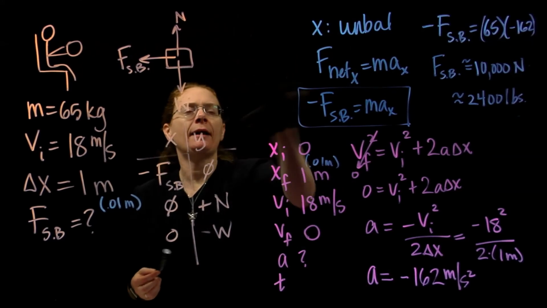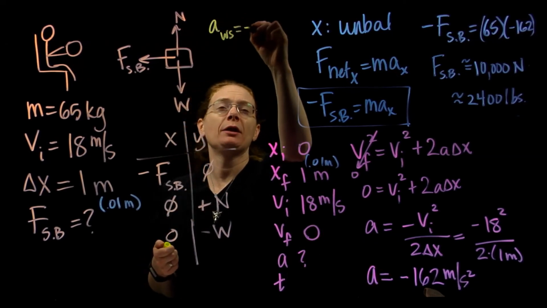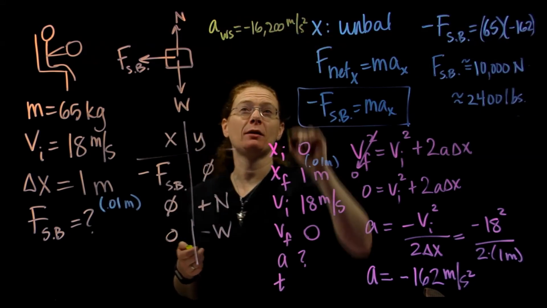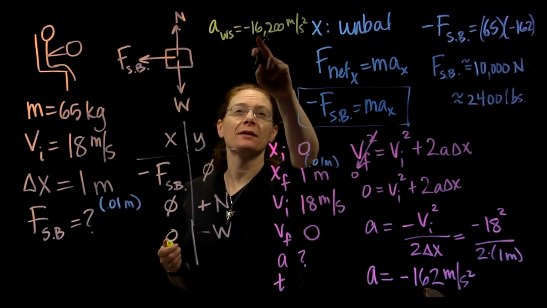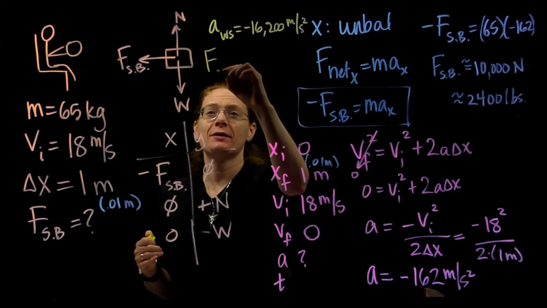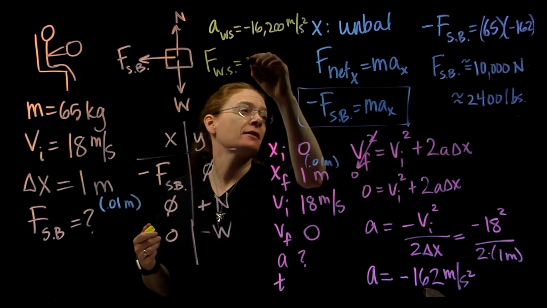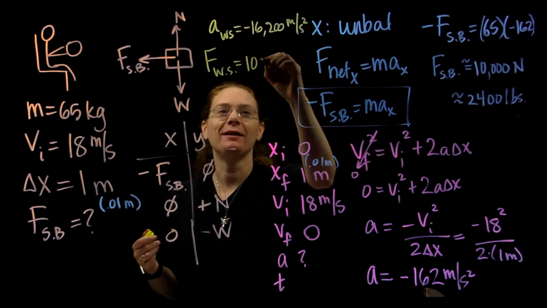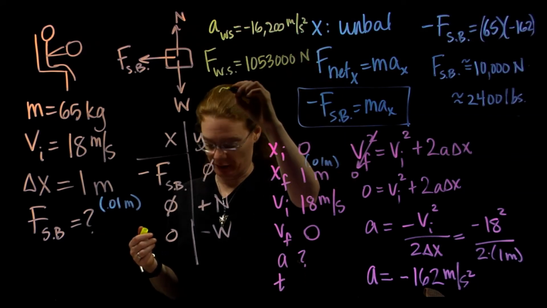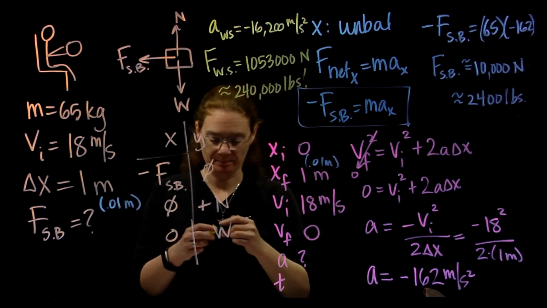When I do that, the acceleration from the windshield stopping you is 100 times bigger, which is now 1,600 G's of acceleration. And the force then from the windshield, if we assume the same mass, that's a lot of zeros, which is around 240,000 pounds.